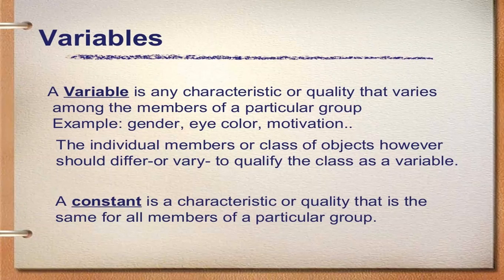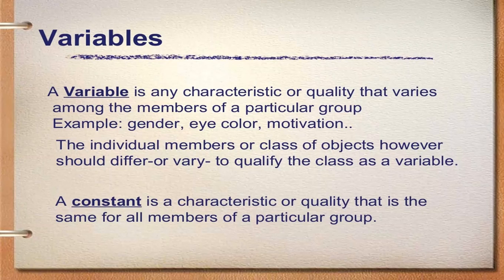Once we talk about gender, gender is a variable because it may be male and may be female. Eye color, we have different eye colors. Motivation, a sense of involvement and commitment, is not the same among all members.